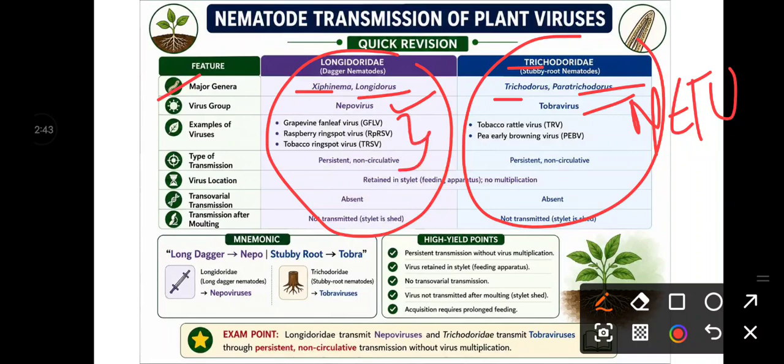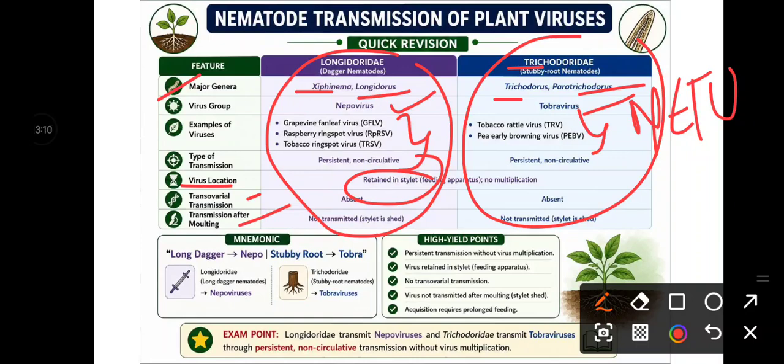You have to remember an example for each. In both cases the type of transmission is persistent, non-circulative or non-propagative. No multiplication is there. Location of viruses: stylet. Transovarial transmission: absent. Transstadial transmission: absent. Each and every point is very important. You have to remember all this.